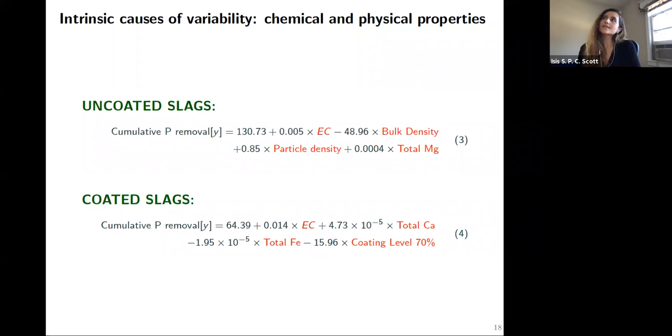And what we thought was that the electrical conductivity was actually a proxy for the amount of calcium and magnesium that was available for reacting with phosphorus. So that is why we thought that it is a good parameter to explain the variability of steel slag to remove phosphorus. Okay. Thank you.